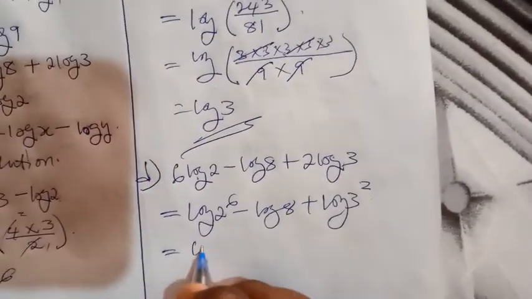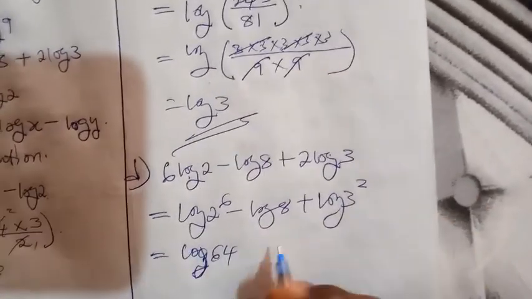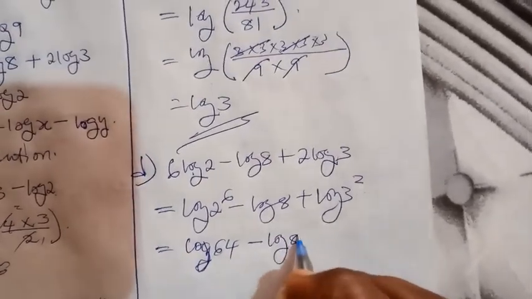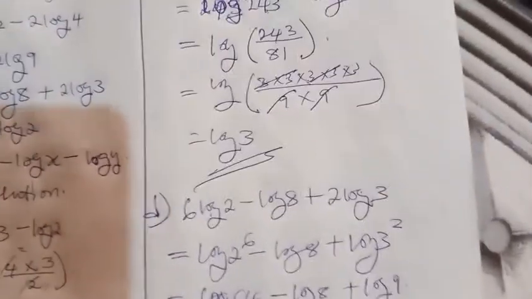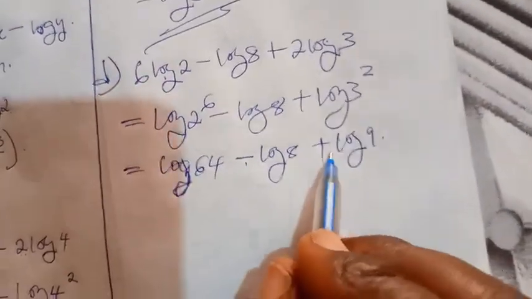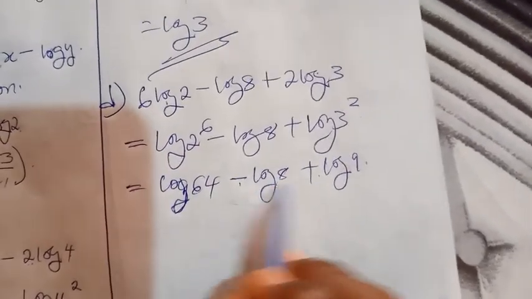So I'm going to have log 64 minus log 8 plus log 9. And so you see, we have a combination of two things here: subtraction, then addition. Here it means that I'll divide this by this, then the result will be multiplied by this.